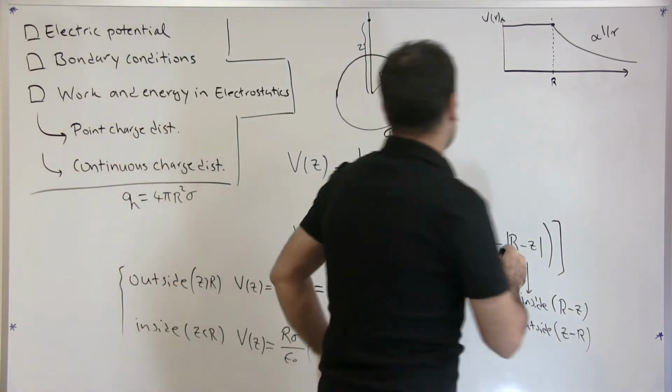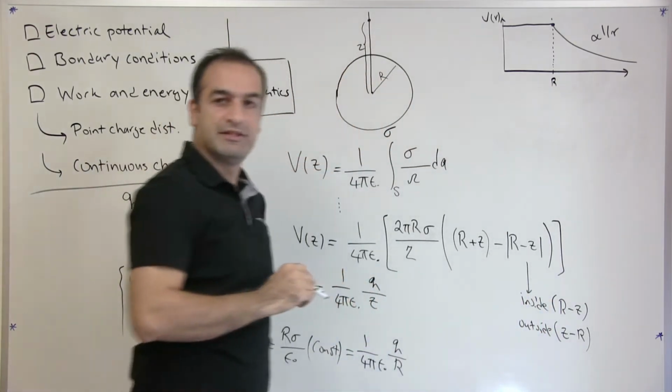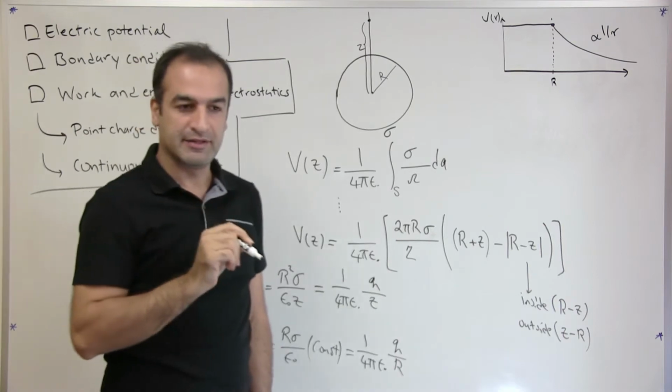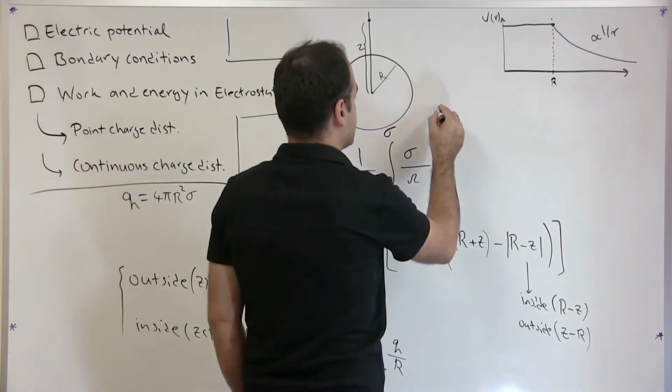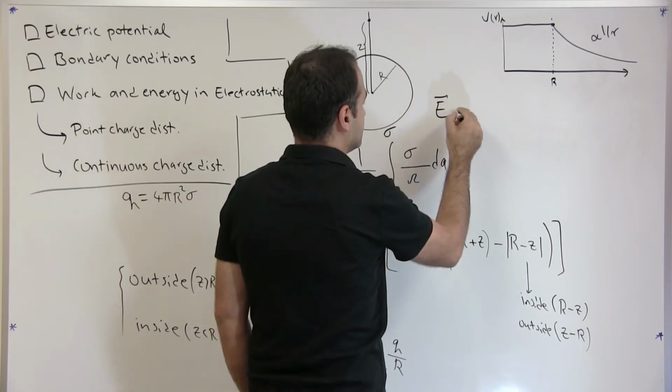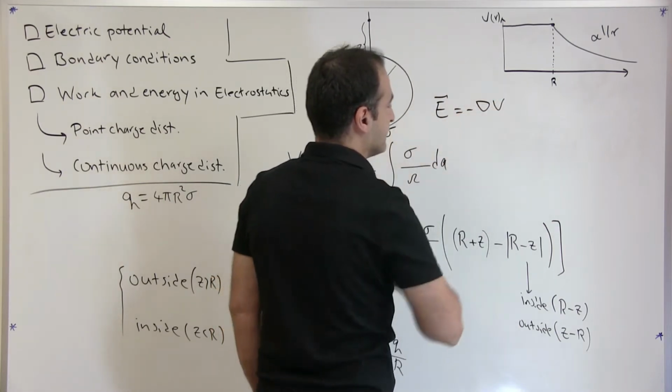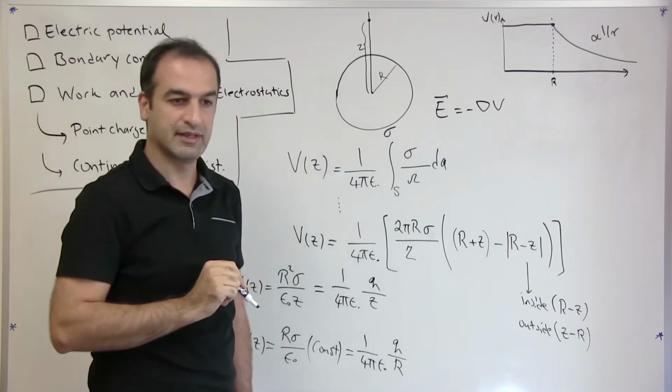Okay, so what is the relationship between electric field and electric potential? Electric field is negative of the gradient of the electric potential, correct?